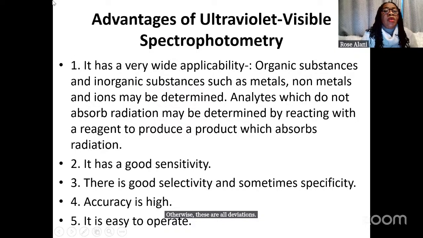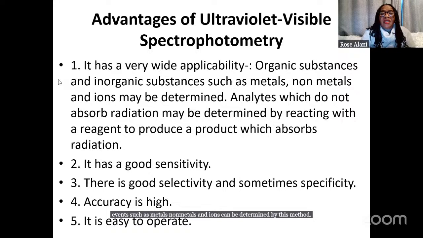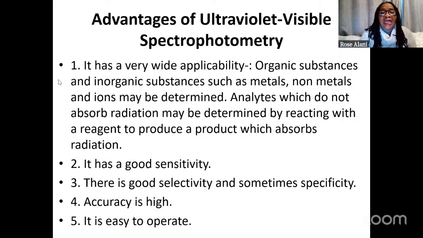So what are the advantages of UV spectrophotometry? It has a wide applicability. Even organic and inorganic substances, such as metals, non-metals, and ions, can be determined by this method. Analytes which do not absorb radiation may be determined by reacting with a reagent to produce a product which absorbs radiation.